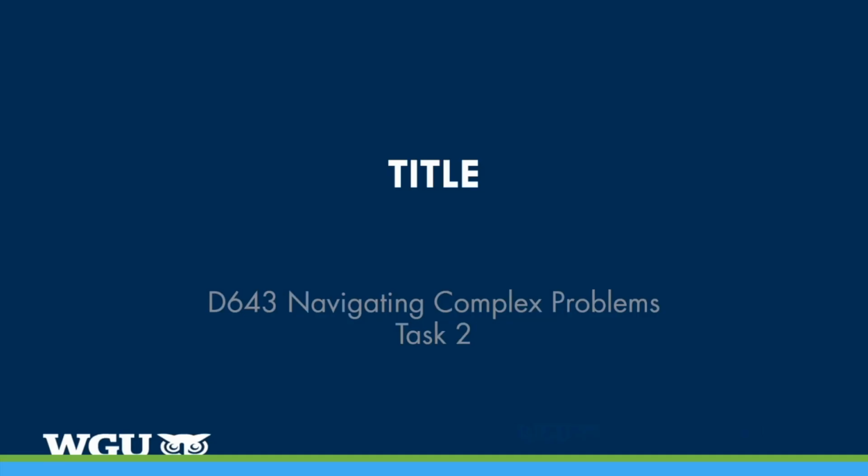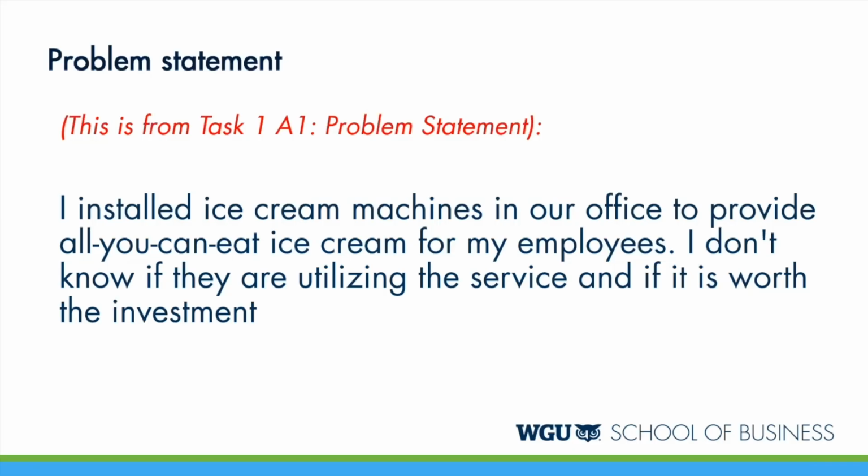So here's what this PowerPoint template looks like. The slide 1 has you put in the title, put in whatever you want. And then slide 2 is your problem statement. So go back to task 1, A1. What is written here in red is my notes to you, where to find this information.